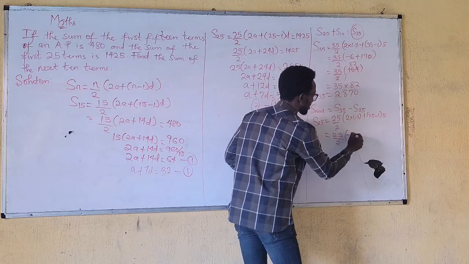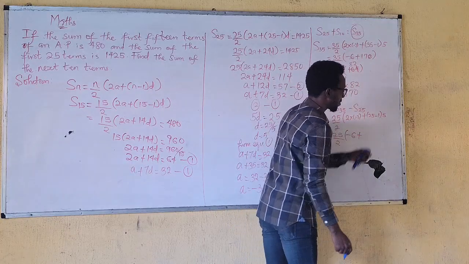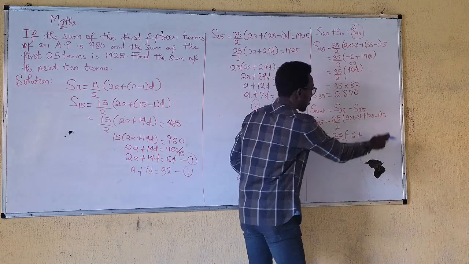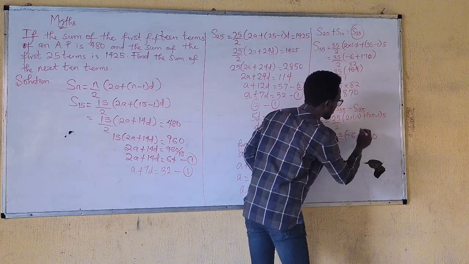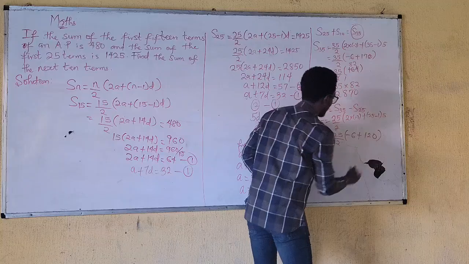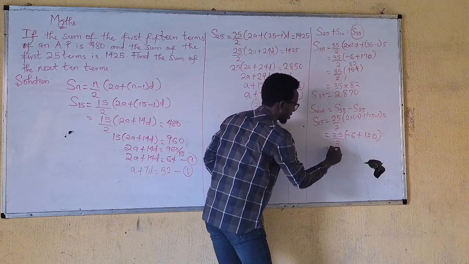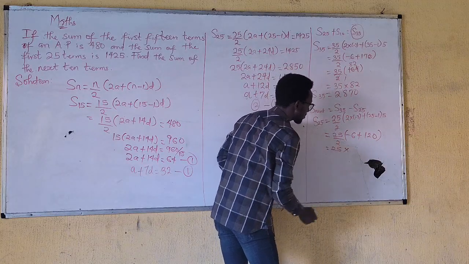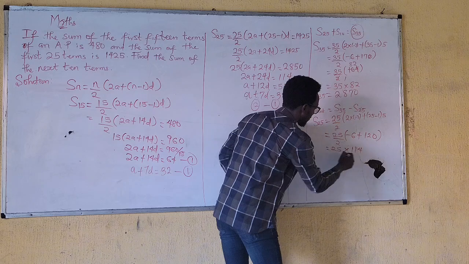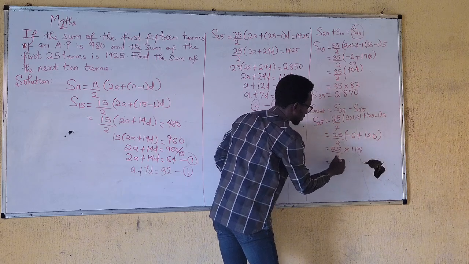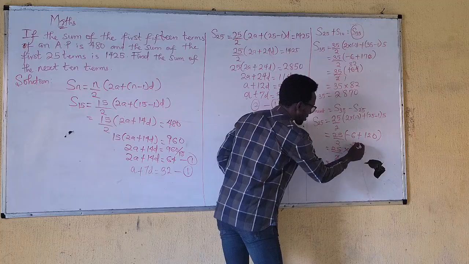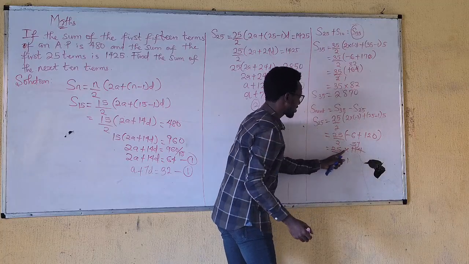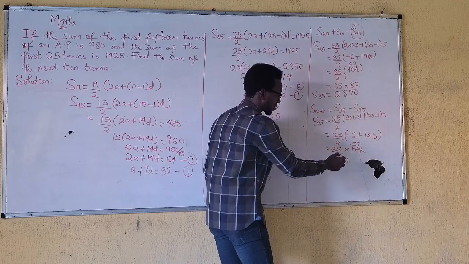This is minus 6 plus 25 minus 1, which is 24. 24 times 5 is 120. Minus 6 plus 120 will give us 114 over 2. 2 here, 1 in 11, that's 5. In 14, 7. So 25 times 57 will give us what?